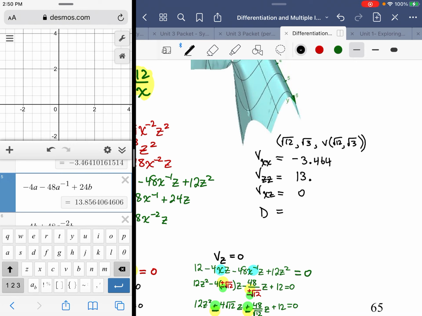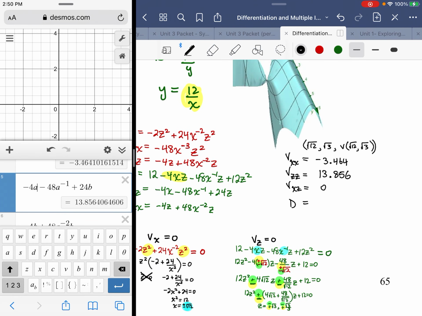So 13.856 approximately. All right. So when we look for the discriminant here, again, it's the product. It's just something still feels a little off.